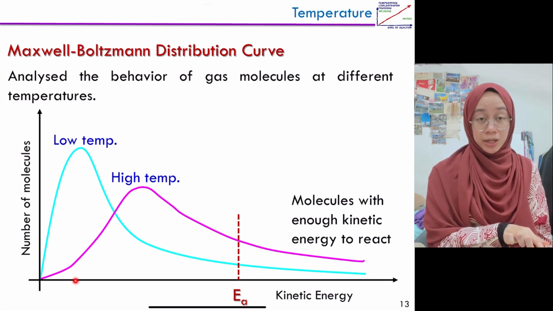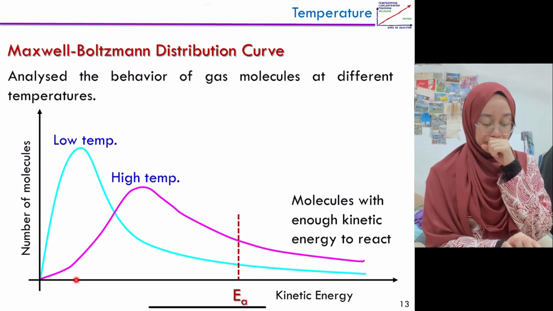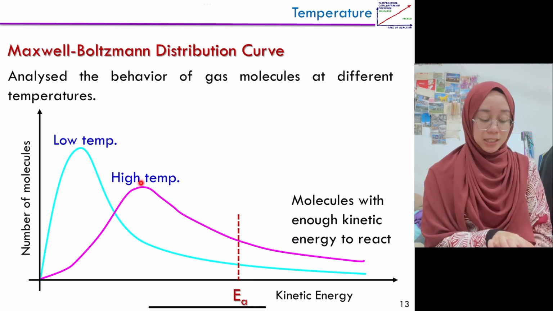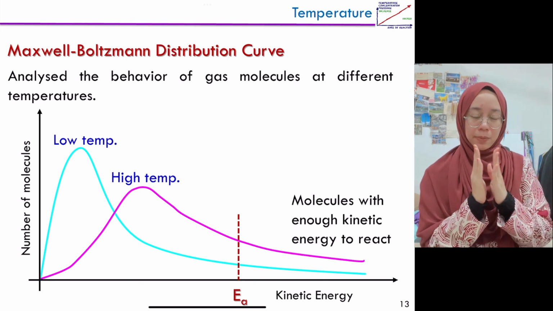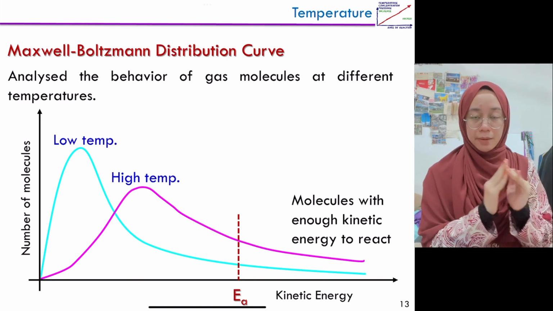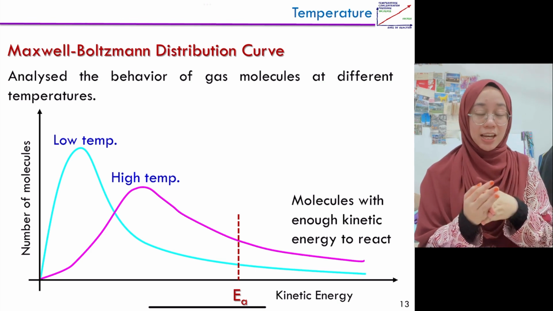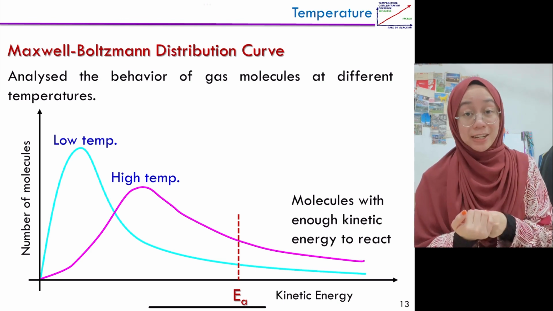Meanwhile, kalau untuk yang high temperature pula, average most of the molecules dia berada dekat bahagian ni. So dia punya energy tu slightly to the right, meaning they have a higher energy bila dekat higher temperature.